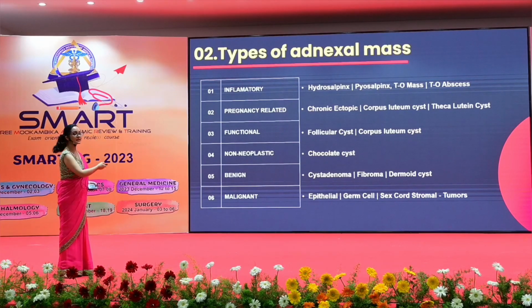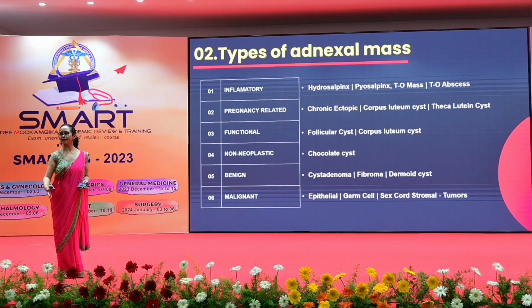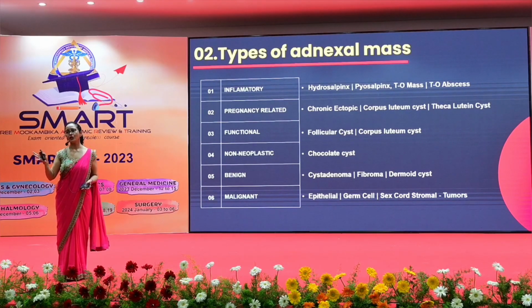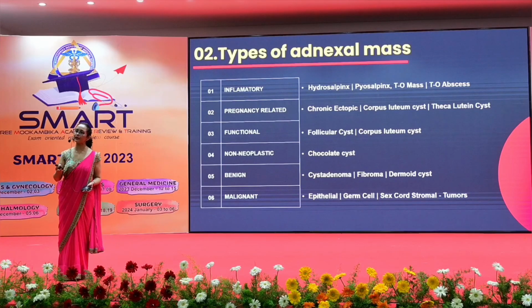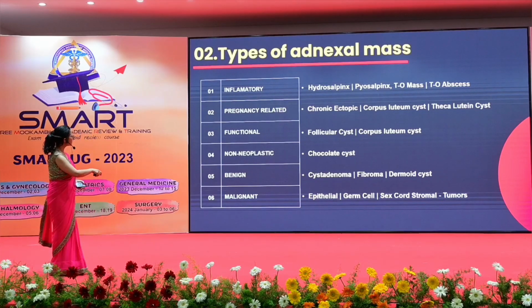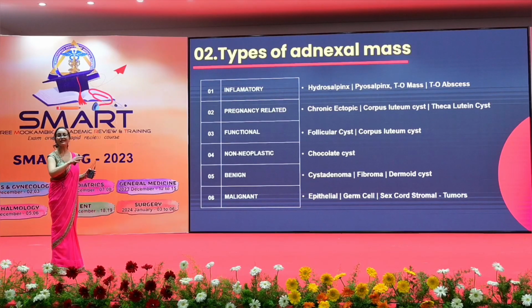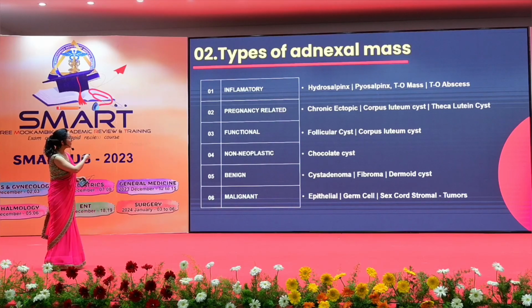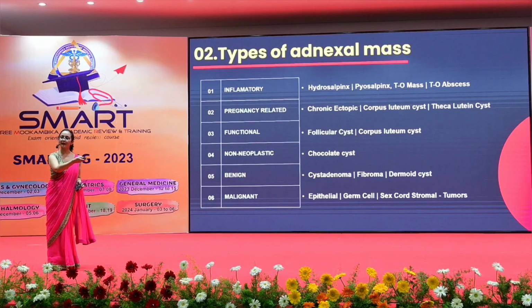Then benign cysts. If you start reading the classification of neoplasia of ovarian tumors, it is huge, very difficult and very boring to understand. So you must know only a few things. It can be cystadenoma, adenoma means benign. It can be fibroma or a dermoid cyst.